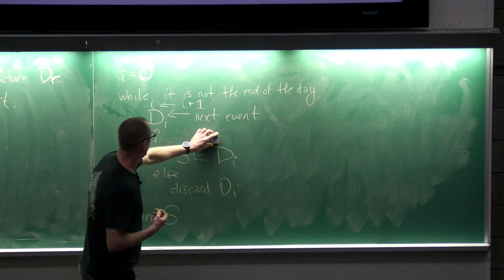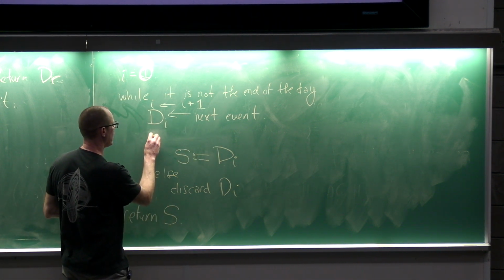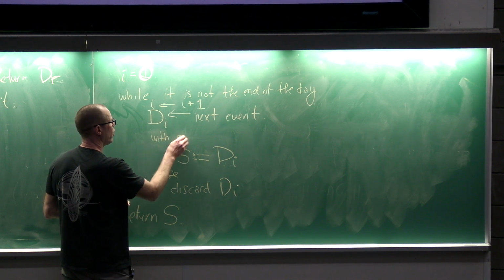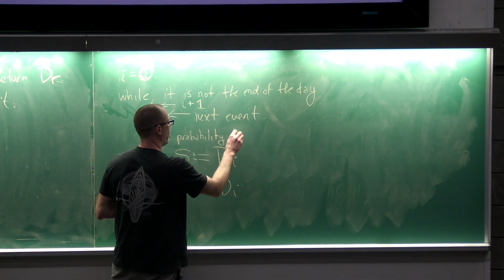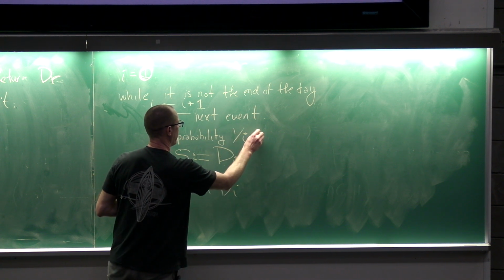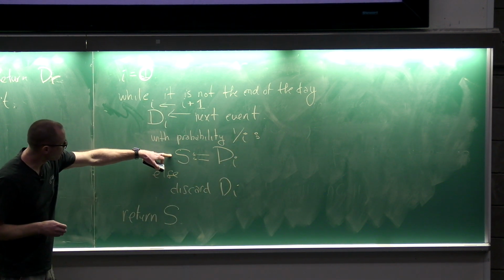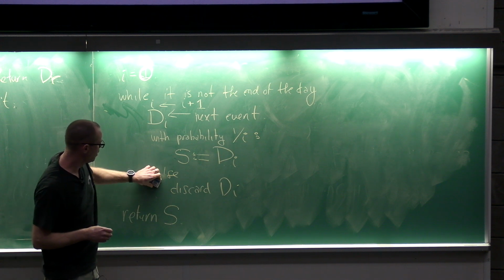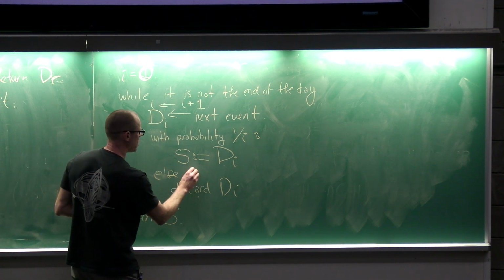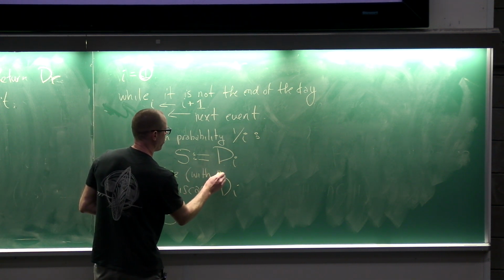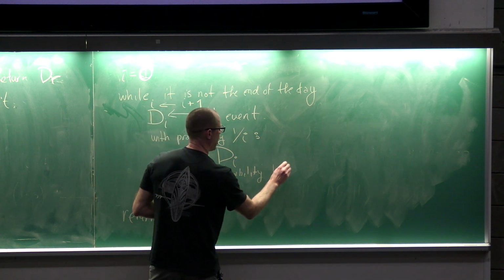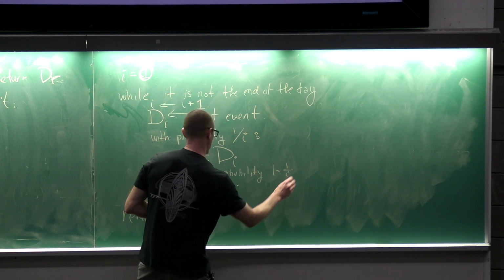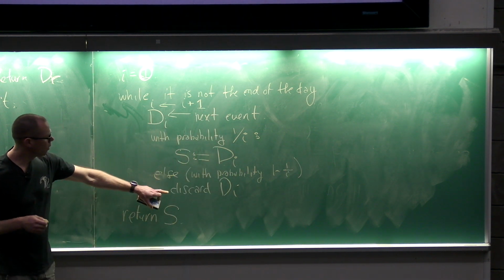So instead of saying if here, let's say with probability 1 over i, we do that. And else, which means with probability 1 minus 1 over i, we don't bother.